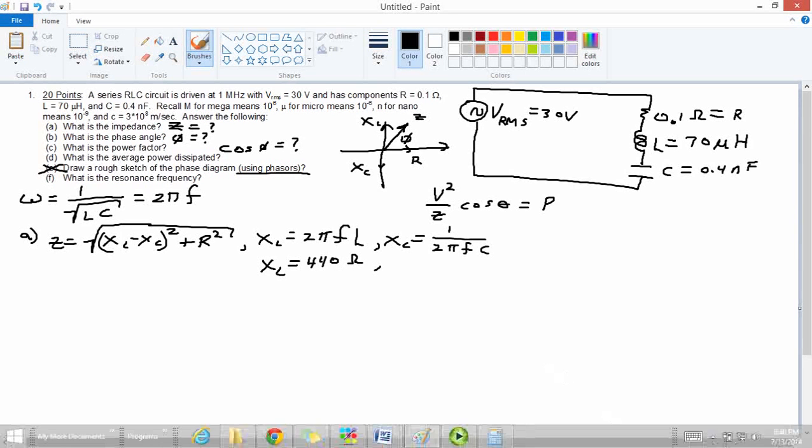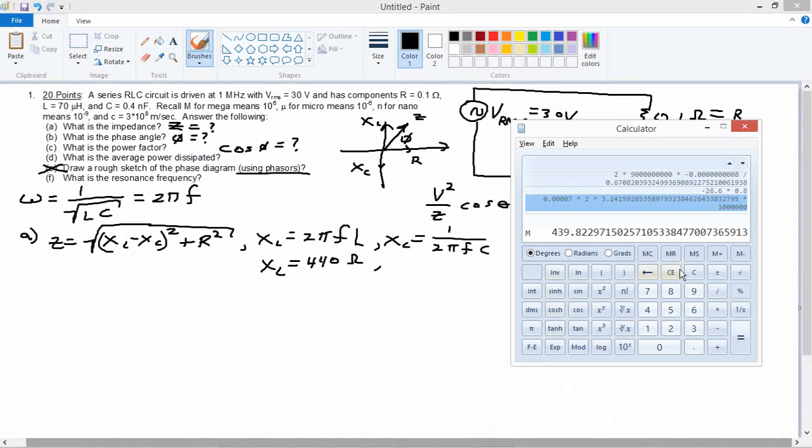And I'm going to store it because I'm going to need it in just a second. 2 pi fC, now that's the reciprocal of the reactance of the capacitor. So 2 times pi times 1e6 times C, capacitance is 0.4 nanofarads, 0.4 exponential -9, equals. That's the reciprocal of the reactance, so there is the reactance, 398.